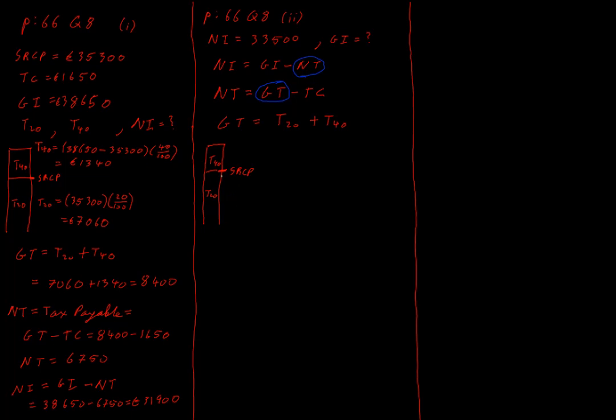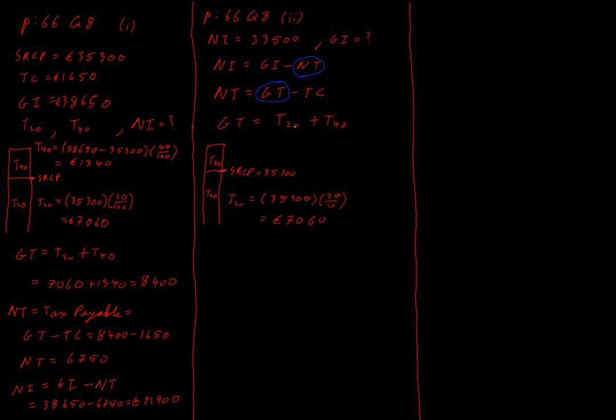Up to here is my 35,300. That has not changed since part 1. So this amount of tax, my tax at 20%, is going to be identical to what it was in part 1. It's just going to be the first 35,300 that I earn, and I want to get 20% of that, and I already worked out that that is 7,060 euro. So that's perfect.